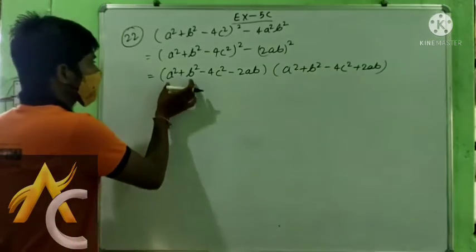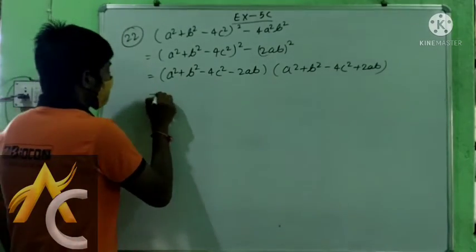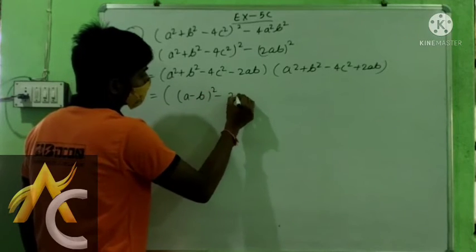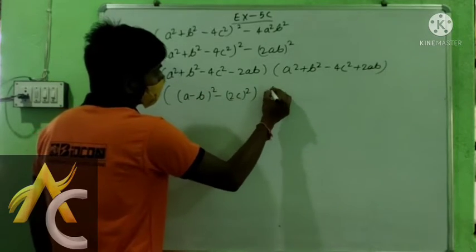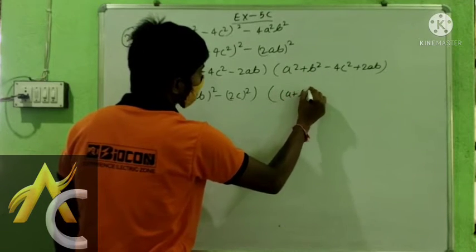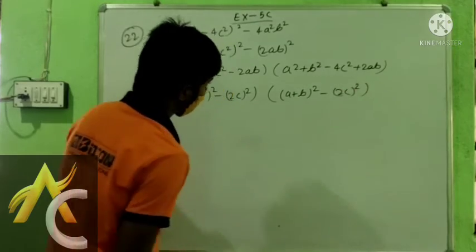And just look at here, a square plus b square minus 2ab will be equal to a minus b whole square. Okay, then it will be a minus b whole square minus 4c square, which can be written as 2c whole square, and this a square plus b square plus 2ab will be equal to a plus b whole square minus 4c square, which is 2c whole square.